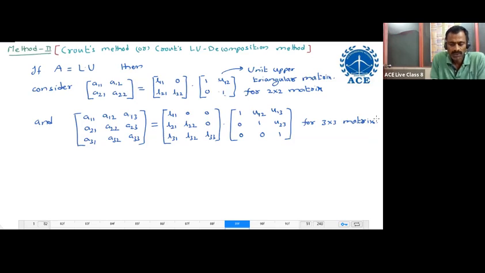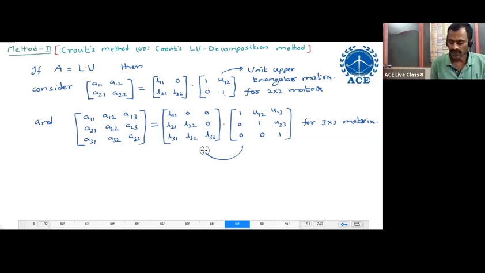These are the two methods to find the L and U matrices. Later I will tell the shortcut method; this method is simple for 2 by 2 only. For 3 by 3 it takes time, because you have to find the product of these two, get some matrix, equate the corresponding elements on both sides and solve for all the elements.